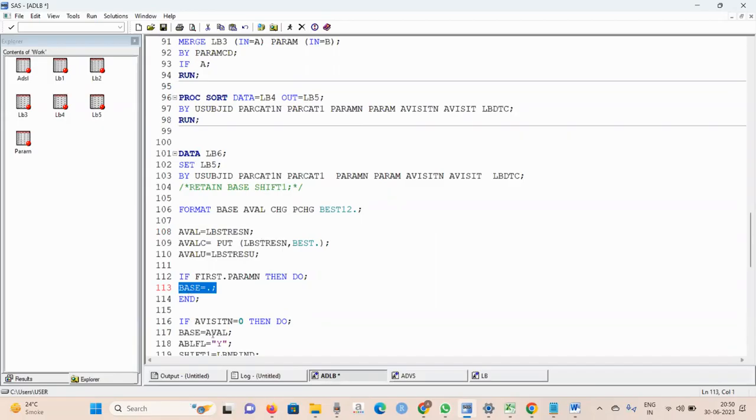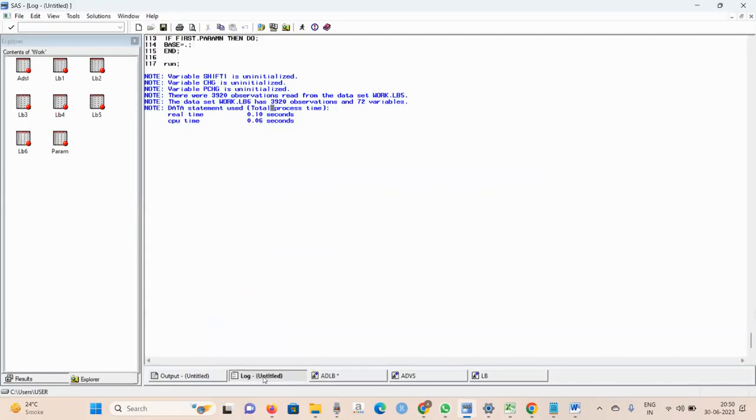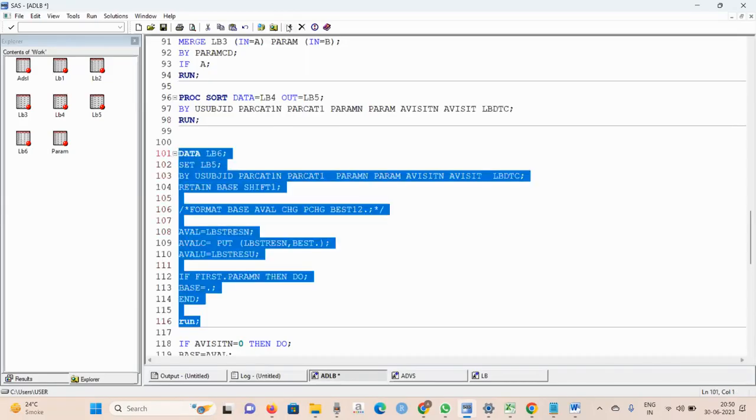We need to create some baseline and the analysis baseline flag. So first what I do, I retain the base. I retain the base for the whole observations, all the observations. Shift one, because we haven't done this, so I just leave this one like that for now.